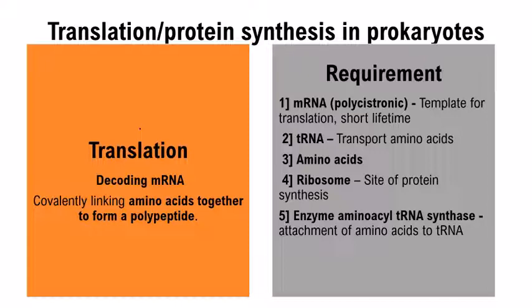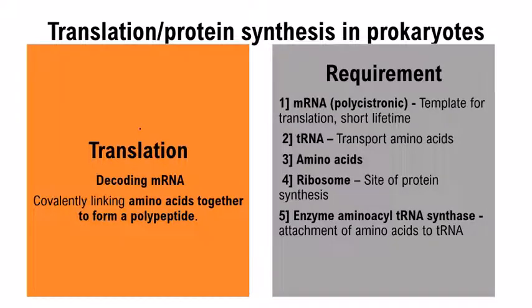The second component required is a tRNA molecule, transfer RNA, whose function is to transport the amino acid to the site of protein synthesis. During translation, the amino acids are linked together by peptide bond to form the functional protein. So amino acids are also an important requirement. All this mechanism of translation is carried out at the ribosome.